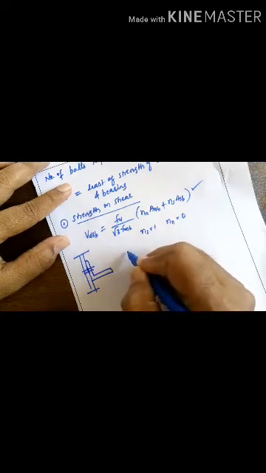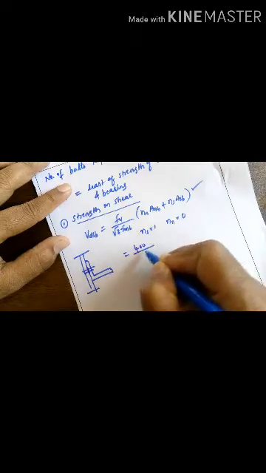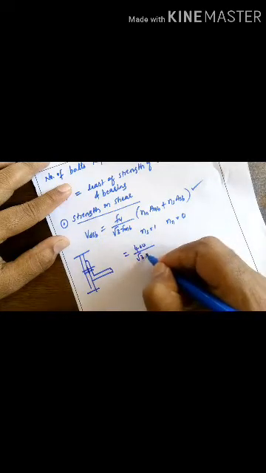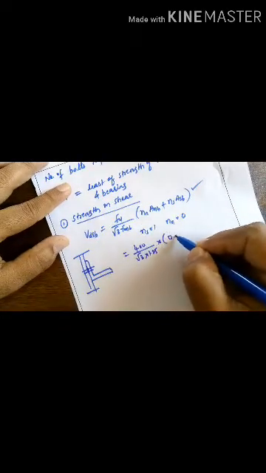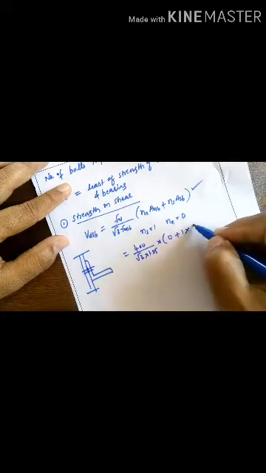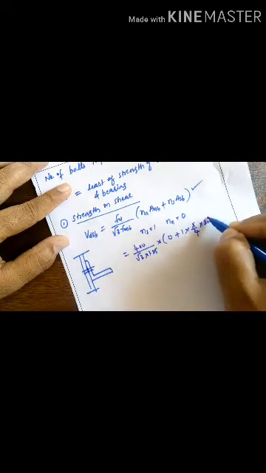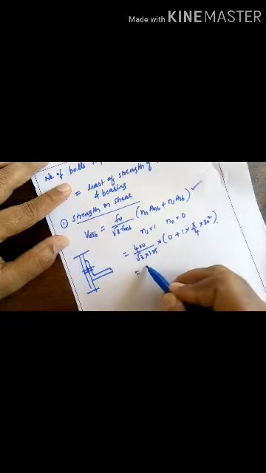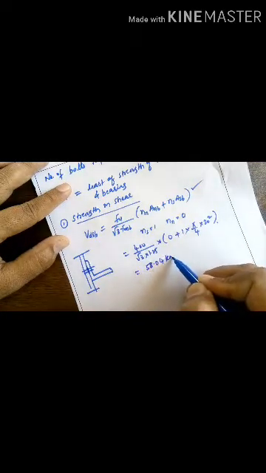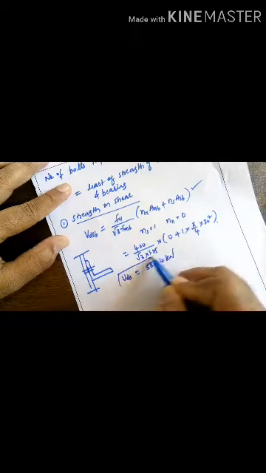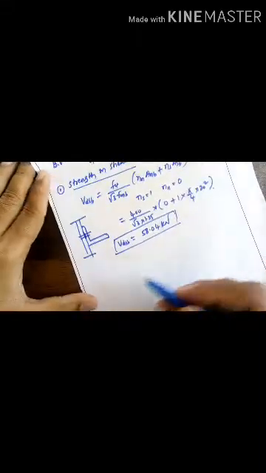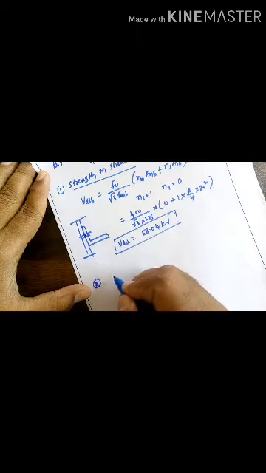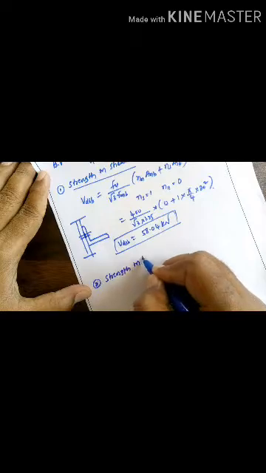Then substituting all the values, that is 400 divided by root 3, gamma mb is 1.25, into 0 plus 1 into area pi by 4 d square, with 20 diameter bolts given, you will get 58.04 kilonewton. This is the shear strength of the bolt, in single shear. Similarly calculate the second, strength in bearing.